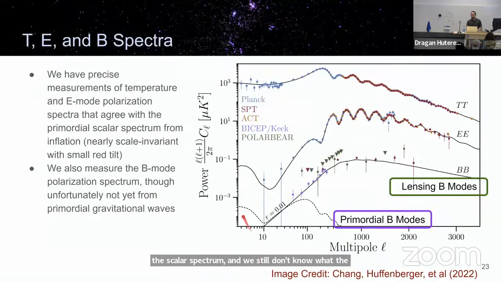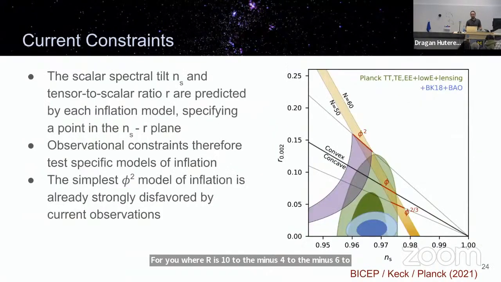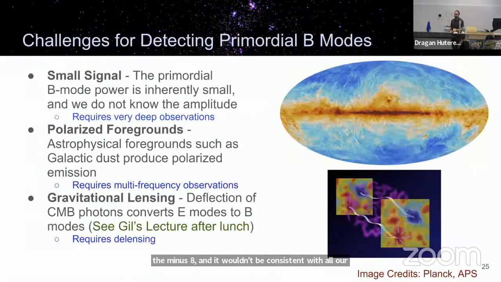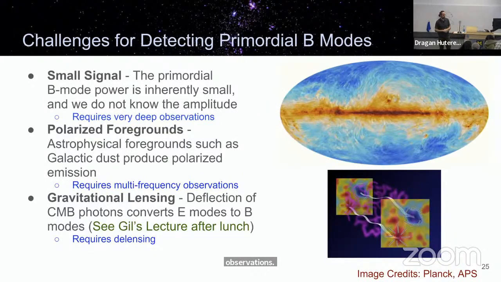In other words, I've plotted here just one specific line for R of 0.01, but I could easily write down a model of inflation for you where R is 10 to the minus 4, 10 to the minus 6, 10 to the minus 8, and it would be consistent with all our observations.